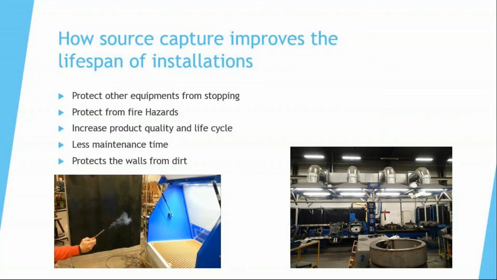You increase the productivity and quality of your products. There is less maintenance time for this machine, but for all of the machines in the plant, because of the absence of contaminants. And it also protects the walls from the dirt or the fumes that you are generating. So for the value of your building, there is no risk with a Downdraft table, or less risk than with another system.